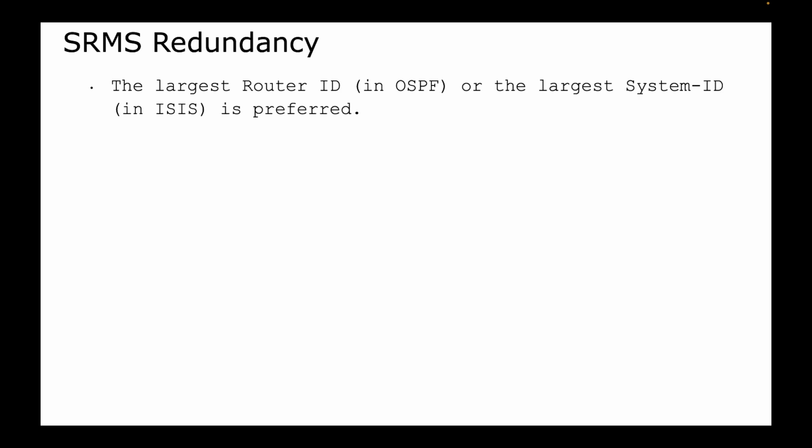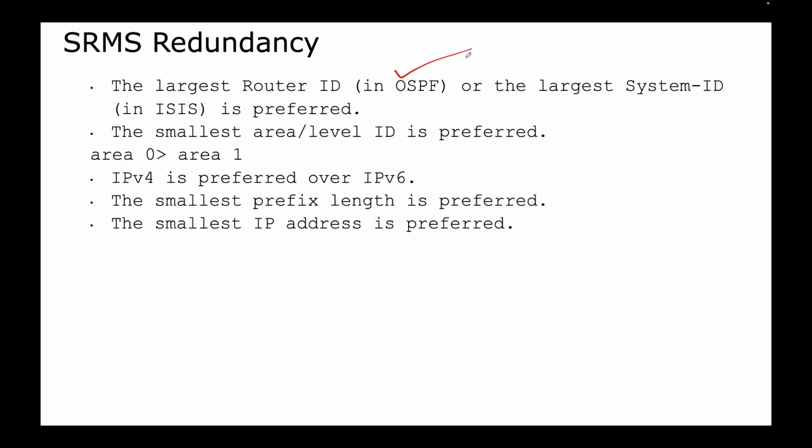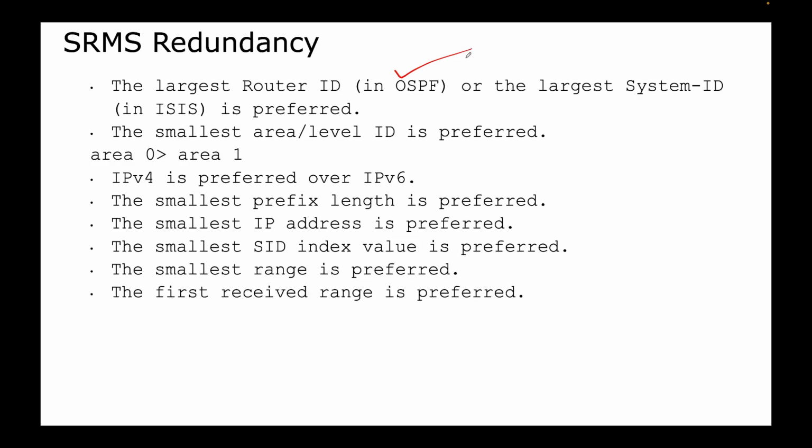And the second criteria could be the smallest area or smallest level ID is more preferred. Like if area 0 is more preferred than area 1. But the main criteria is the router ID or system ID. So these are the criteria which were discussed in the older documentation, but now only the first two are valid.